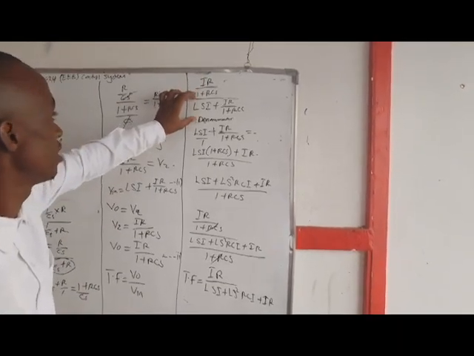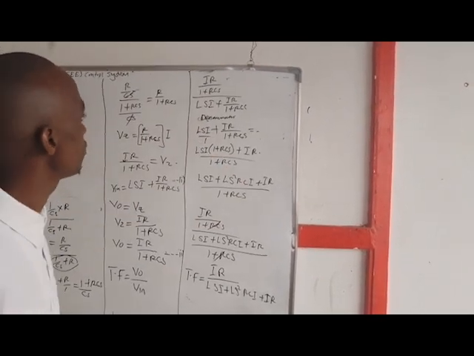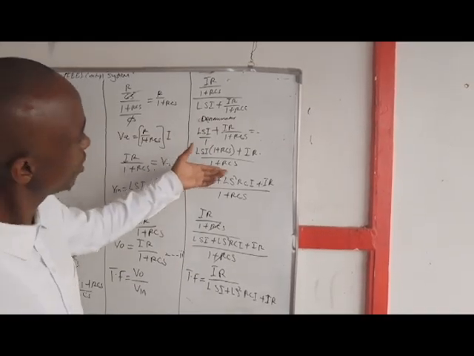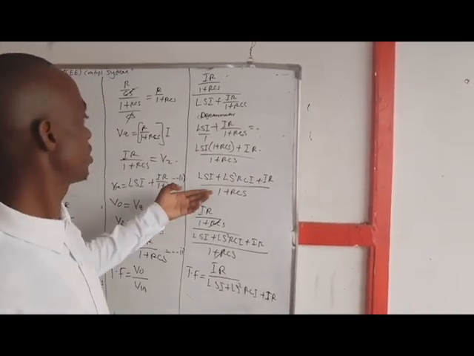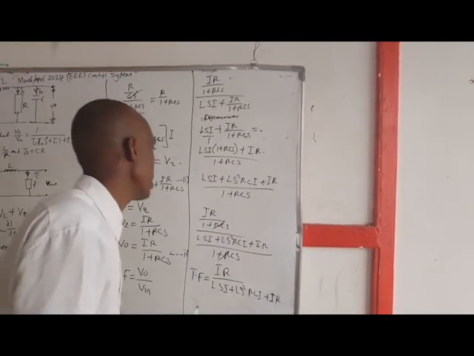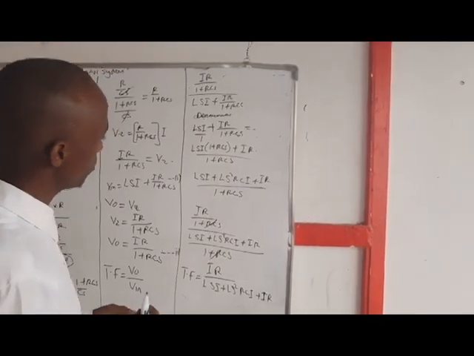We work with the denominator first, so that we have the common base. After working with the denominator, we get LSI plus LS squared RCI plus IR divided by 1 plus RCS.